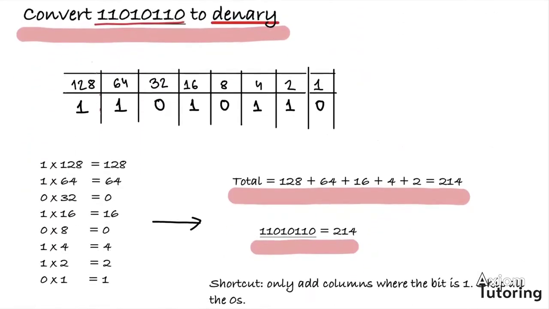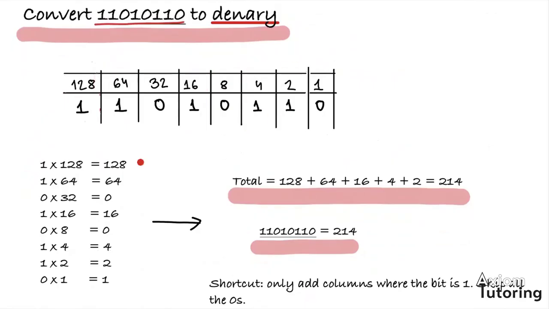We can check another example here. So the binary number we have here is 11010110, and we want to convert this number to denary. Again, you only need to look at the columns where the bit is 1. So we have 128, 64, 16, 4, 2.